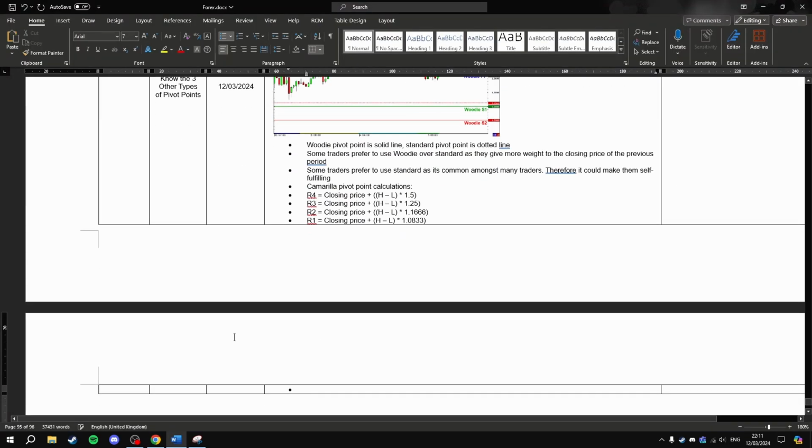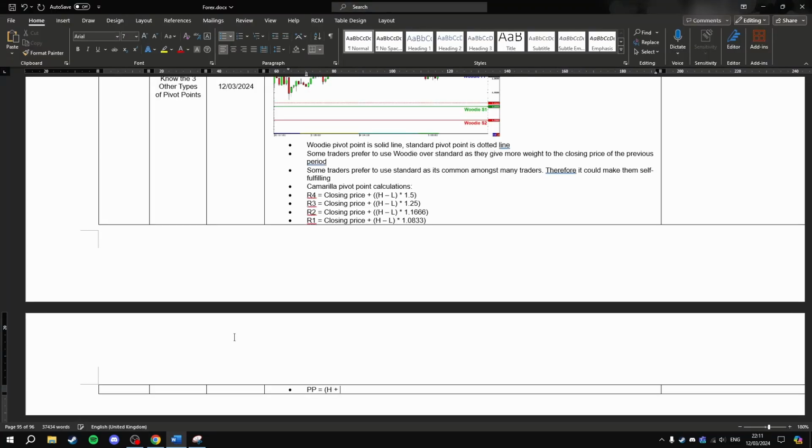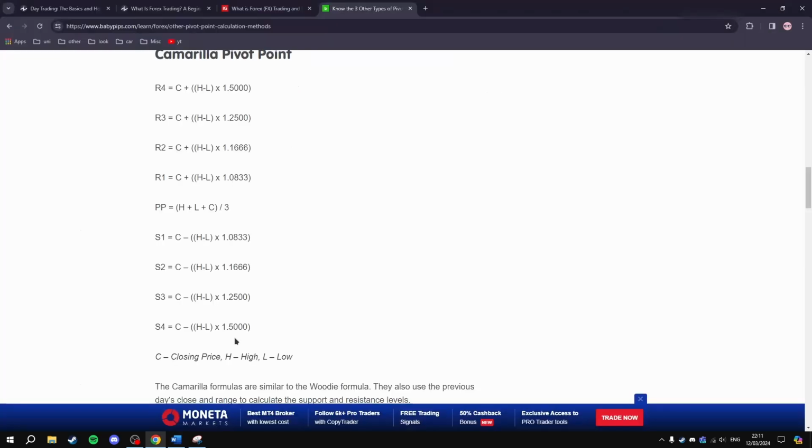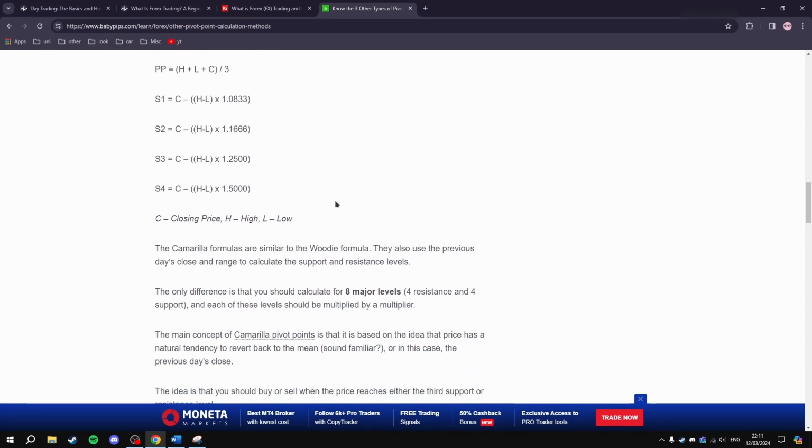PP, or pivot point, is equal to high plus low plus closing price over 3. That's the standard one, isn't it? The standard pivot point calculation.